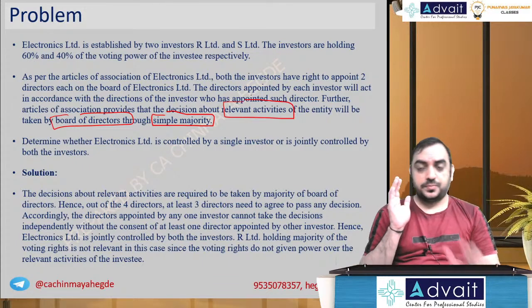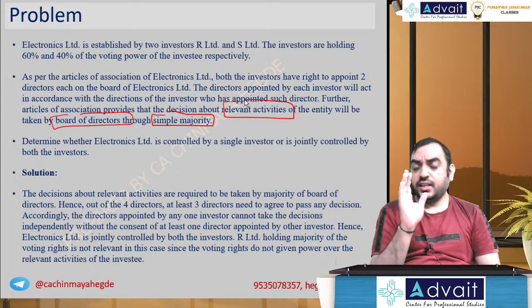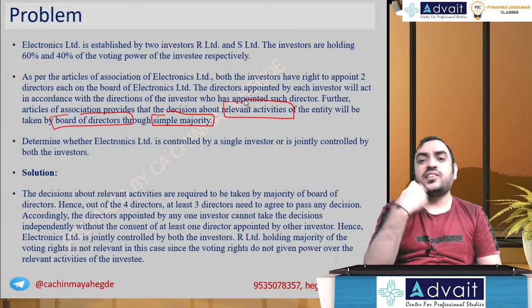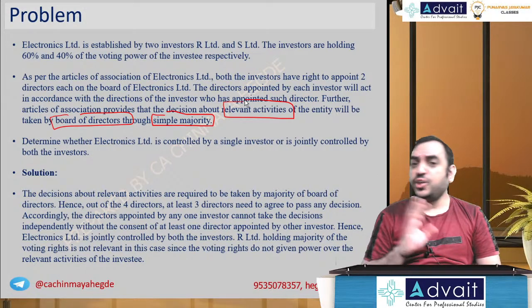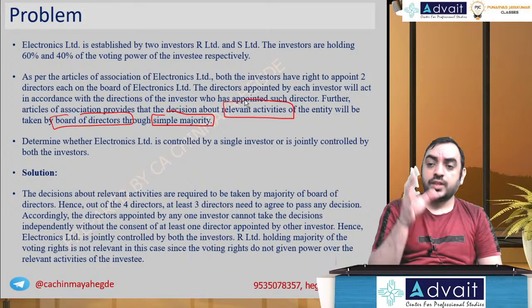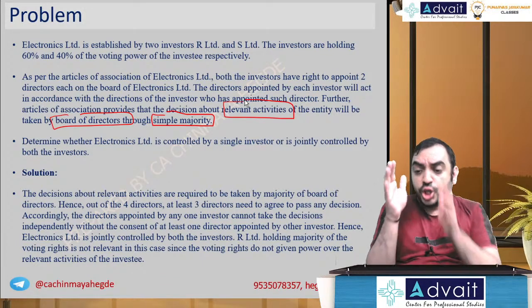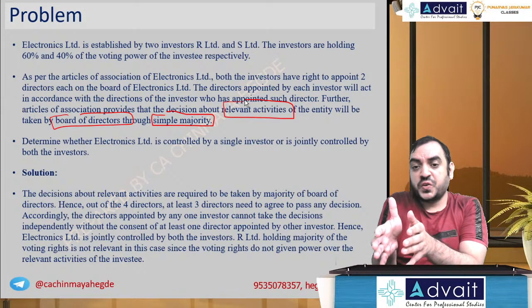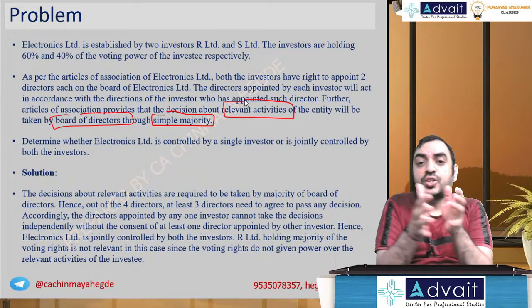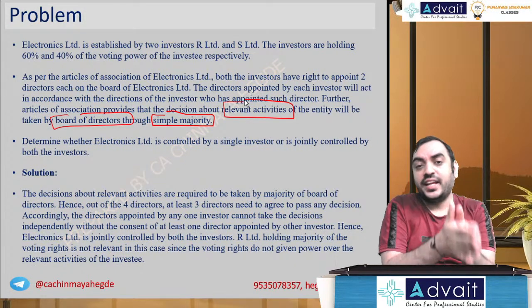Now, in this case, again, if the rule-based goes, you have 60% of the voting rights, you control. We don't go by the rules, we go by the principles. What does the principle say? Look at the relevant activities of the organization, and of the relevant activities, who takes the decision.